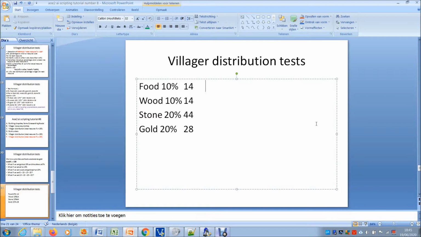Now we will see how I deduced the formula for the villager distribution when the total percentage is less than 100. So we have a total of 100 vills, which means 10% of 100 is 10, 10% of 100 is 10, 20 and 20. This means that 60 are used, 40 left over.